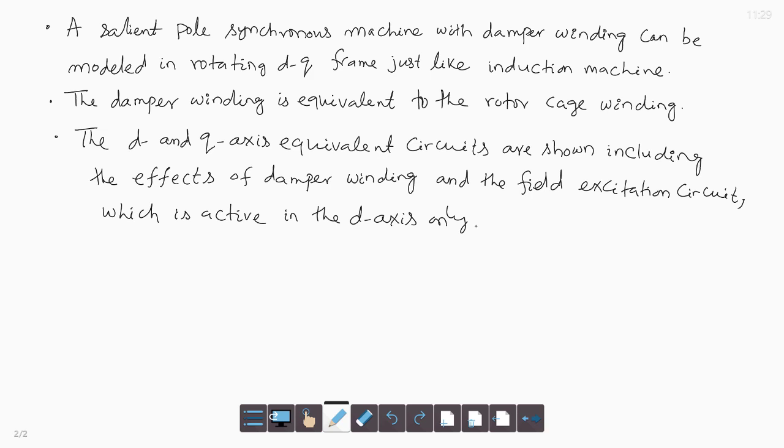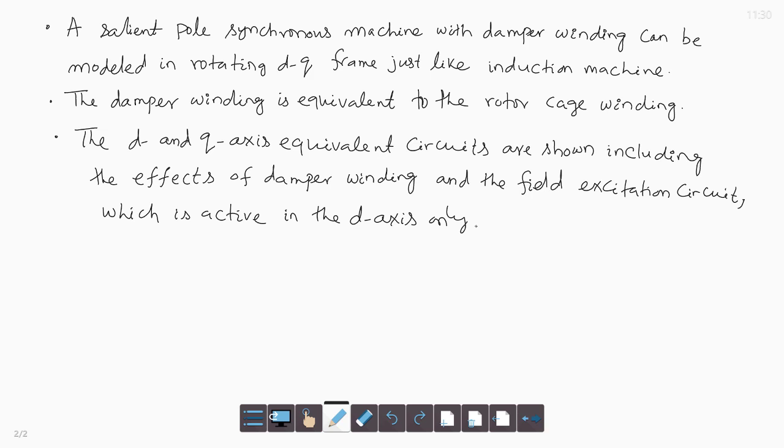We will use the DQ frame model for the machine. Just like the induction machine, we can develop the DQ frame model. The damper winding is equivalent to the rotor cage winding of the induction machine, the squirrel cage rotor winding.